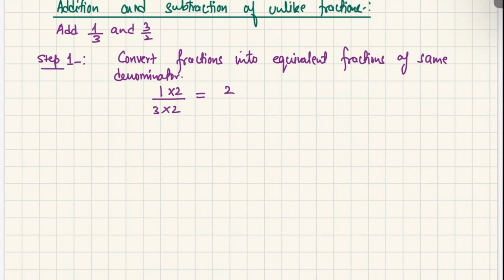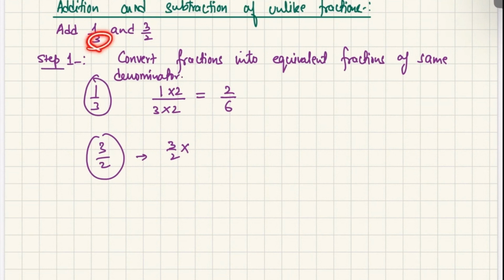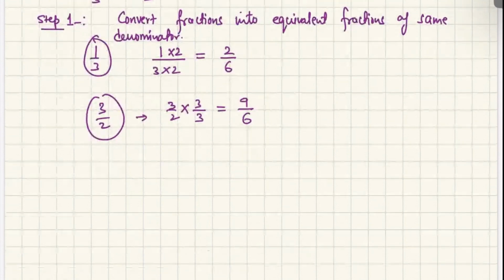Which gives you 2/6. This is for the 1/3 fraction. The second fraction is 3/2. That means 3/2 multiplied by, what is the denominator in the first case? 3. So we'll multiply by 3 and we'll also divide by 3. So this becomes 9/6.